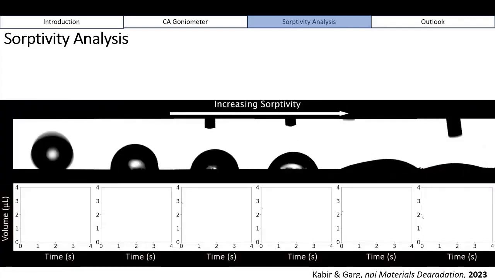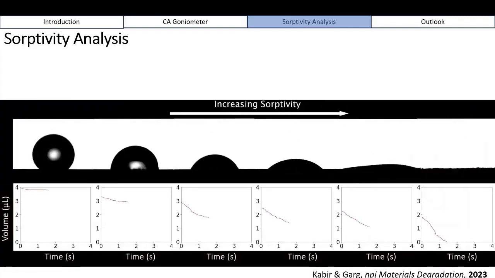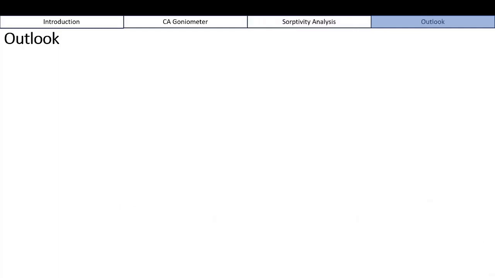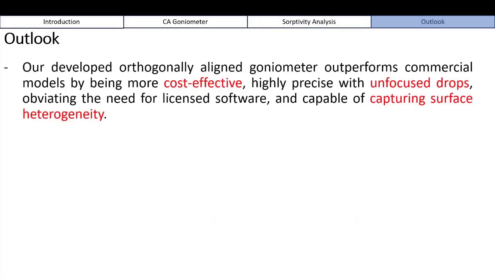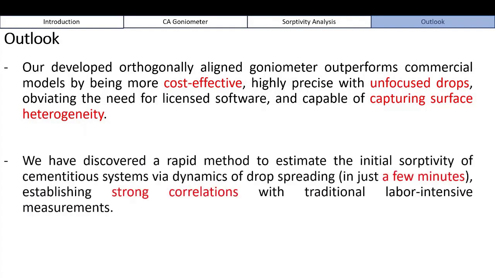And this is another schematic that shows how a droplet behaves on the surface. So now there is no need to use any expensive goniometers; we can use our own technique. And it doesn't matter if you use CNN, ANN, or random forest. As long as you have good data, you're able to train your model.